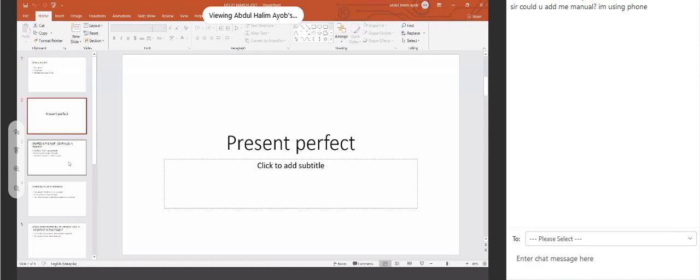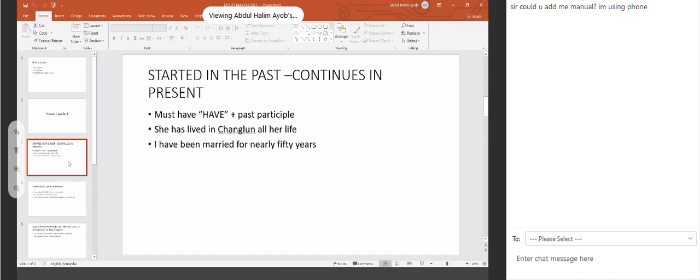Present perfect is a different tense. You have present tense, you have past tense, but present perfect is a tense that started in the past and still continues in the present. You have to know that it is compulsory to have "have" or "has" plus the past participle.